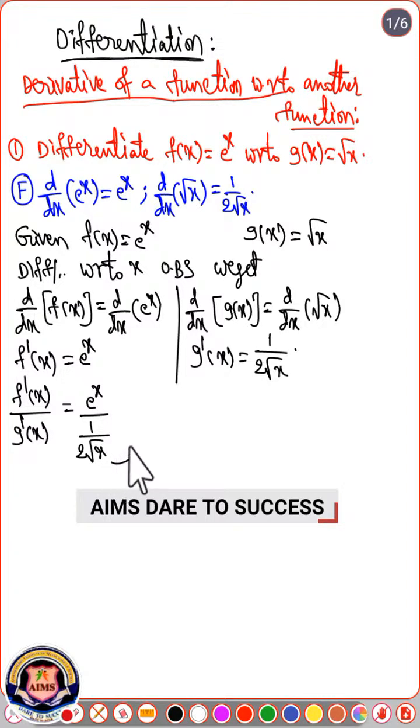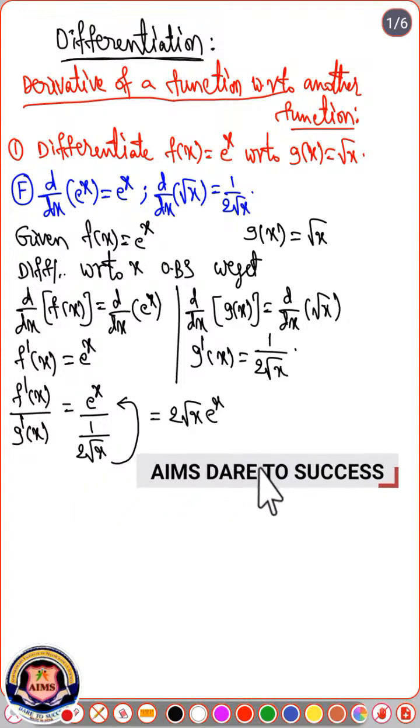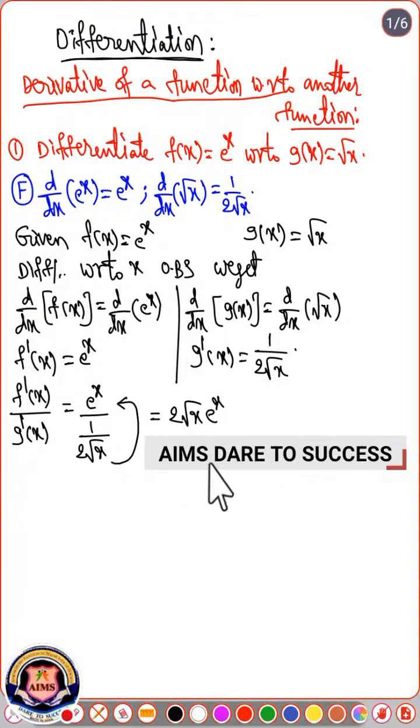This 2 root x goes to the numerator, we get 2 root x into e power x by 1. The denominator 1, no need to write it. Okay, I hope you all are understanding clearly.